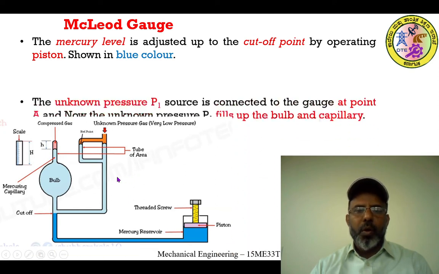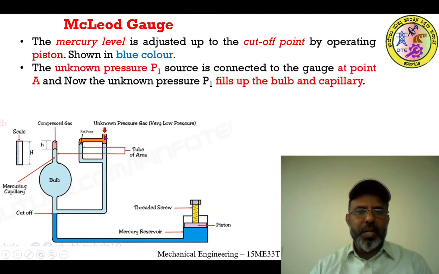Now the unknown pressure P1 source is connected to this gauge point here, when the mercury level is up to the cutoff point. This is going to fill up the bulb and the capillary.